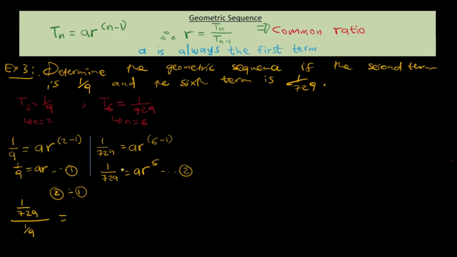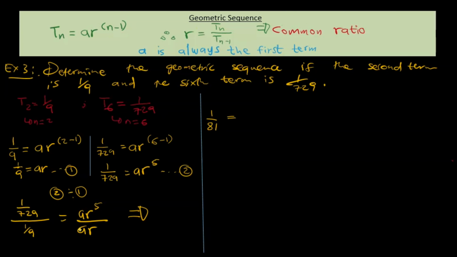On the other side, for equation 2, I have AR raised to exponent 5, and for equation 1, I have just AR. If you put the left side into your calculator, you'll get 1 over 81.